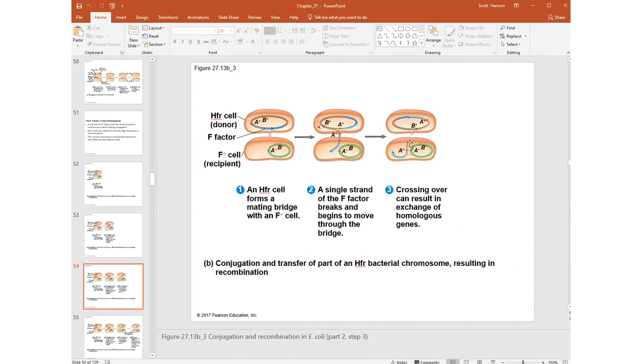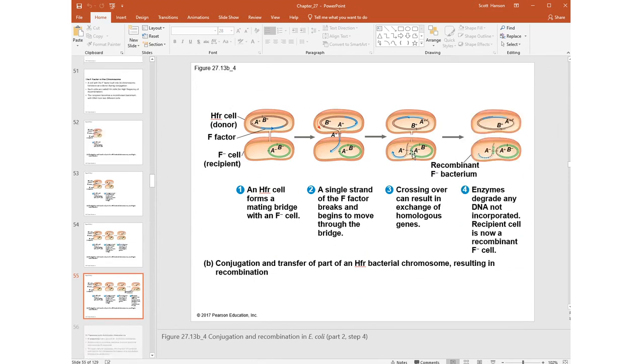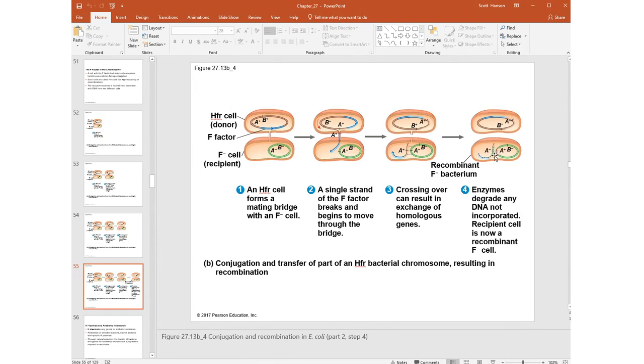Crossing over can then result in exchange of homologous genes. So the A plus gene may be exchanged for the A minus gene in the recipient chromosome, and as a result the recipient chromosome now has the A plus gene.